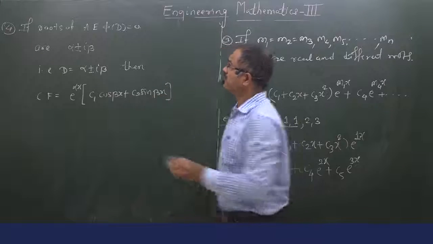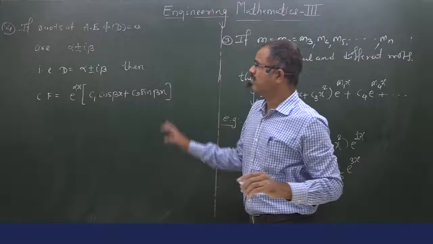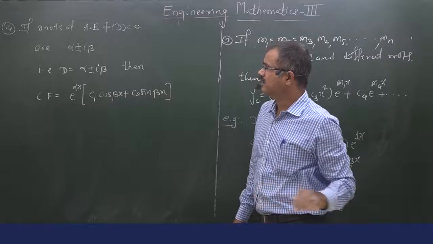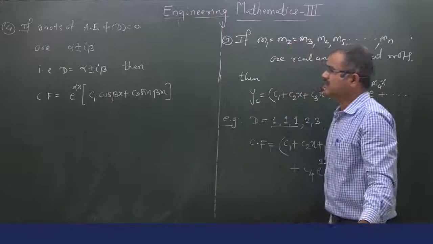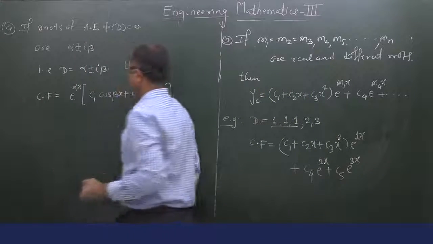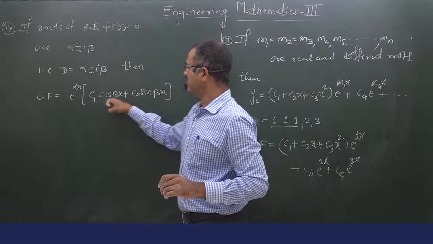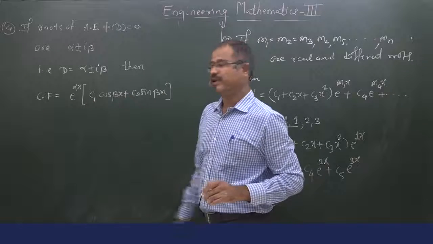If the roots of auxiliary equation phi of D equal to 0 are complex, D is equal to alpha plus minus i beta, then its complementary function is e to the power of the real part alpha x into c1 cos beta x plus c2 sin beta x.